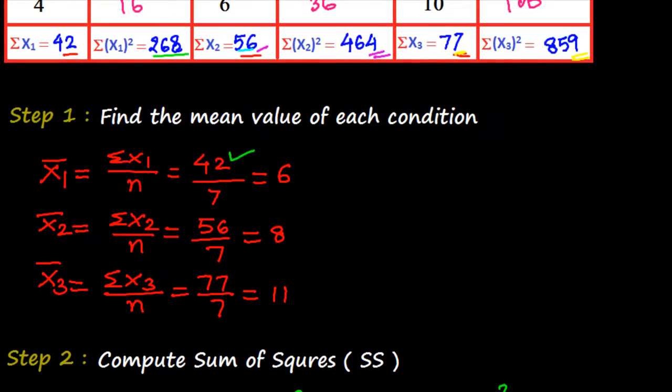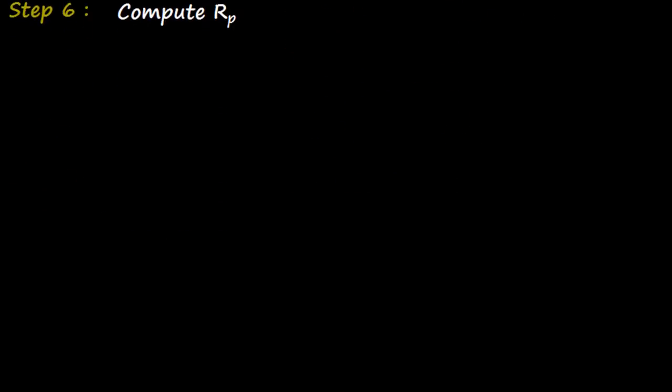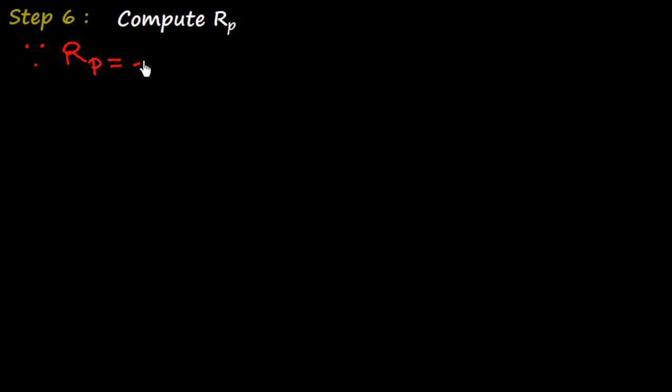I write down the formula here. RP is equal to the standard error, AC, into the table value RP, where the standard error is the square root of 1 over n.